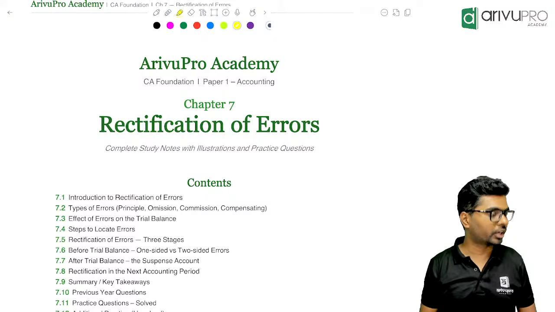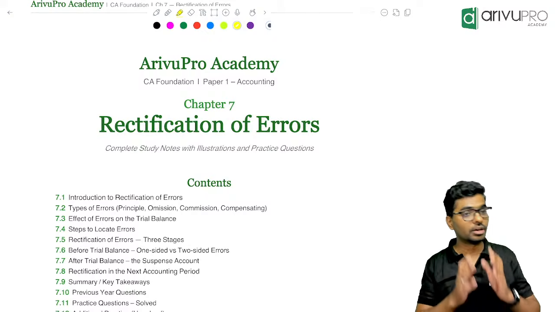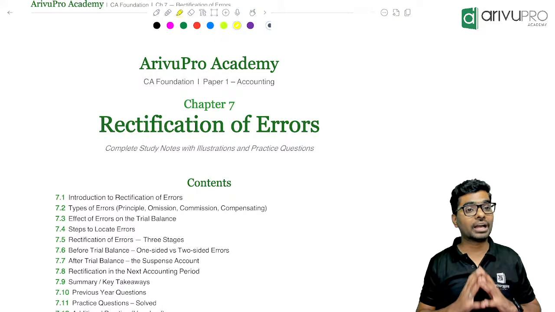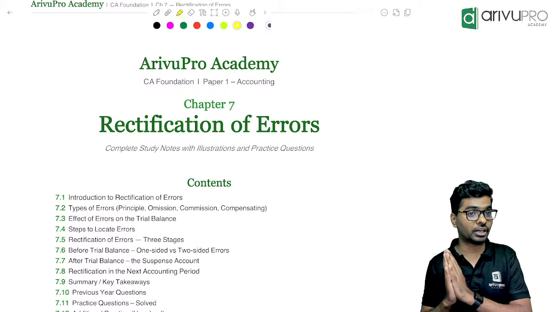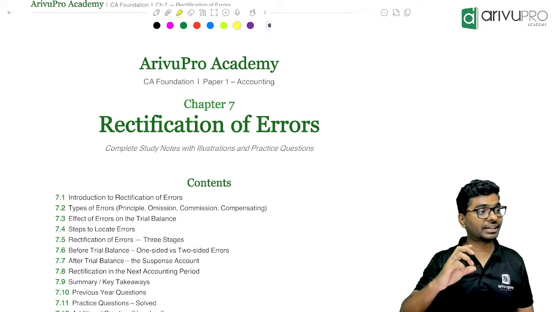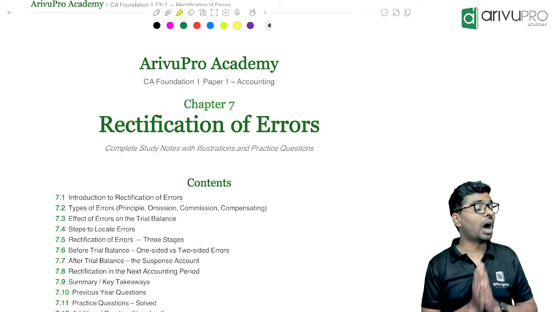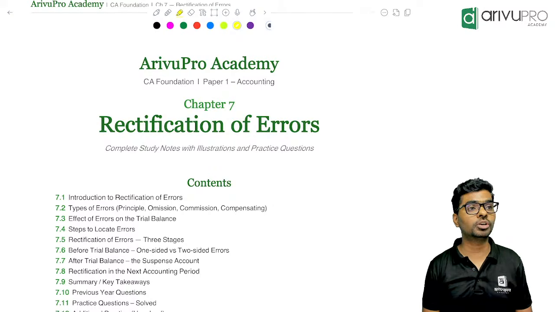Now when we are talking of errors, it is very important for us to understand what the different kinds of errors are and how they affect my trial balance. So what are we going to be learning now? The different kinds of errors and how they are going to affect the trial balance. What does trial balance talk about?